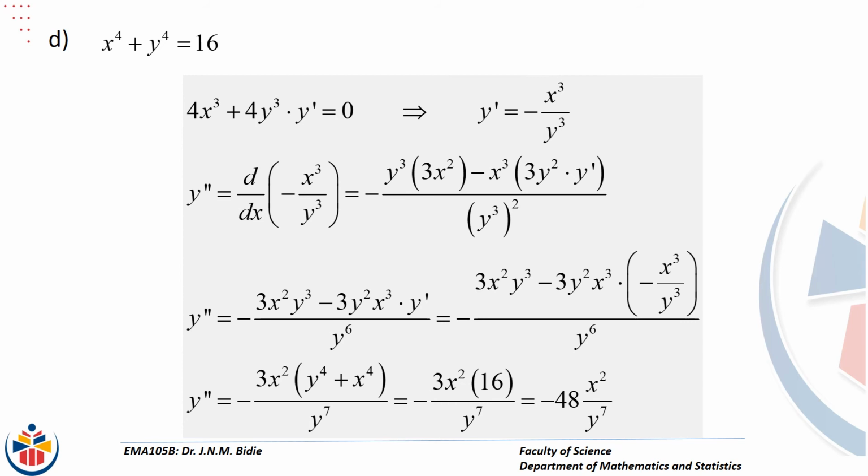X to the power 4 gives us 4x cubed. Y to the power 4 gives us 4y cubed times y prime. And the derivative of 16 gives us 0. We make y prime the subject. So note your formula for y prime is negative x cubed over y cubed.